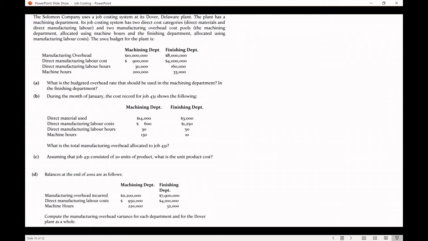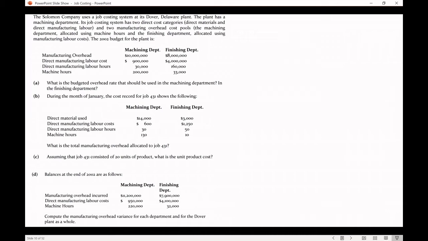So you have your direct materials used, right? You have direct labor cost, direct labor hours, and machine hours for both. The question asks, what is the total manufacturing overhead allocated to job 431?